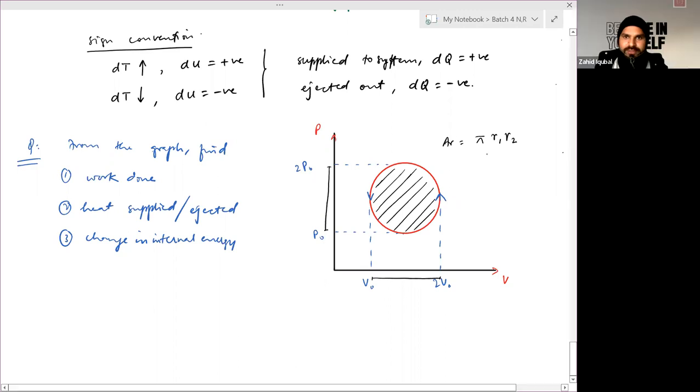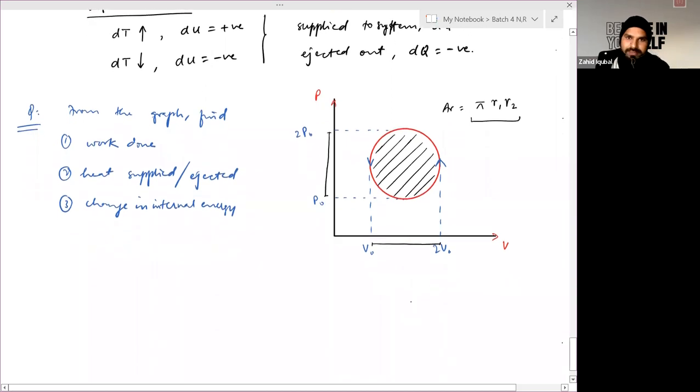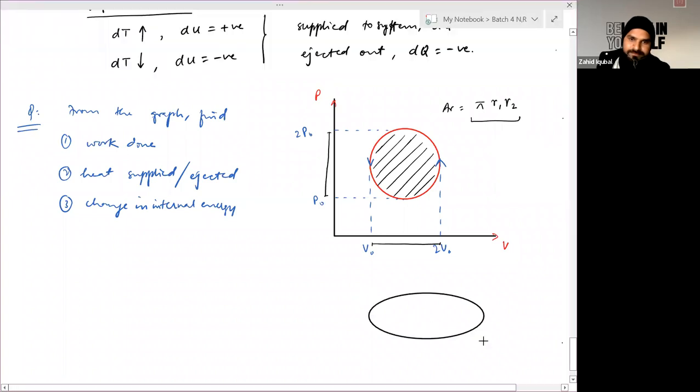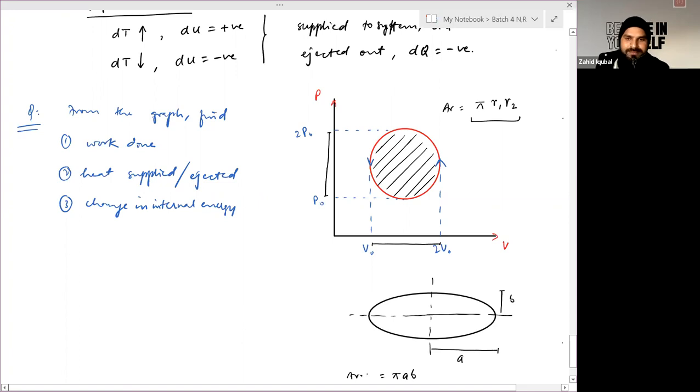For any curve figure, we use this area, for the case of an ellipse or a circle. Let's say you have an elliptical path. This will be termed the length of the major axis, and this the length of the minor axis. So the area related to this part will be pi a times b. Is it clear? Yes, sir.